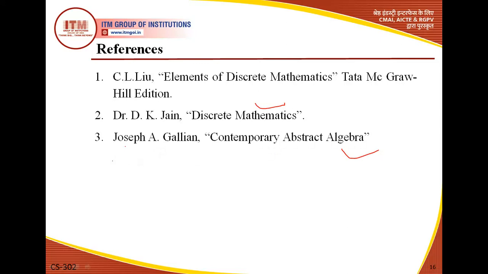If you don't want to buy this book, please at least go and check this online, and also please read some of the pages so that you may understand how nice a book that is. So if you want to study this topic very nicely, then this is the third book. And if you just want to study this from an exam point of view, then obviously you can refer to any of the books. So all of these are references for this particular topic.